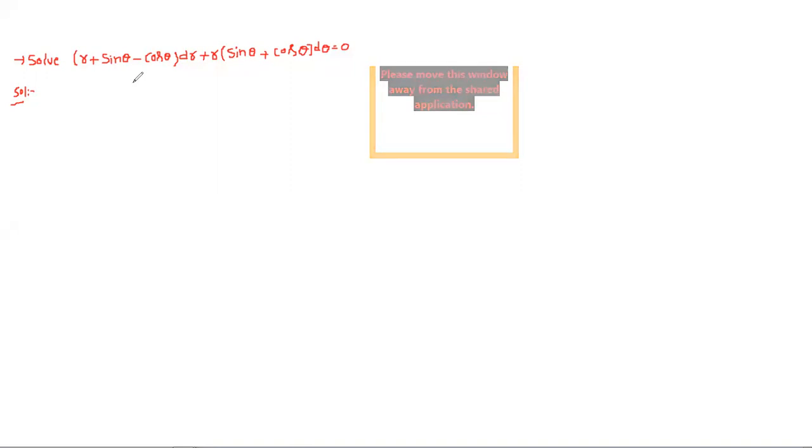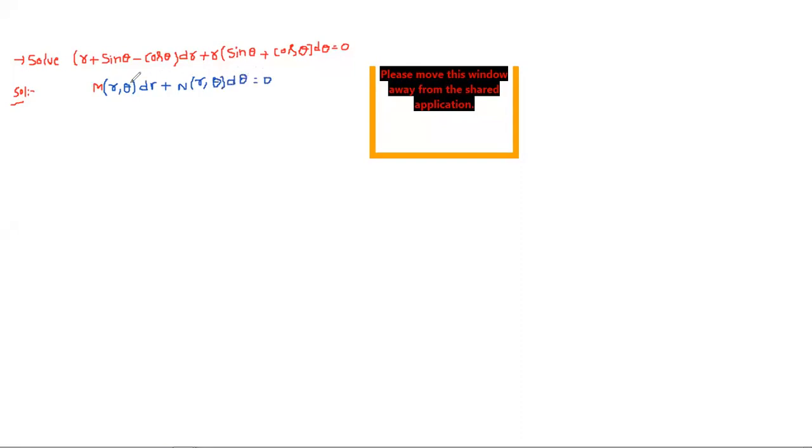If we observe this problem, it consists of r as well as theta. It means first we need to compare this one with M of r, theta dr plus N of r, theta d theta is equal to 0.